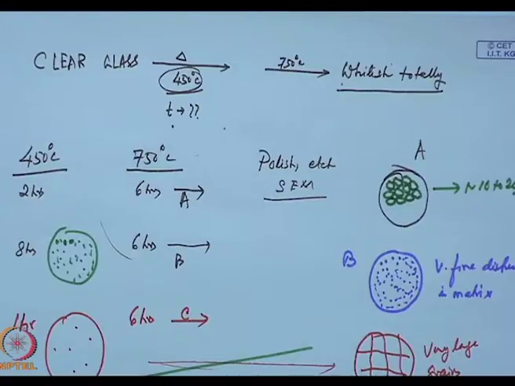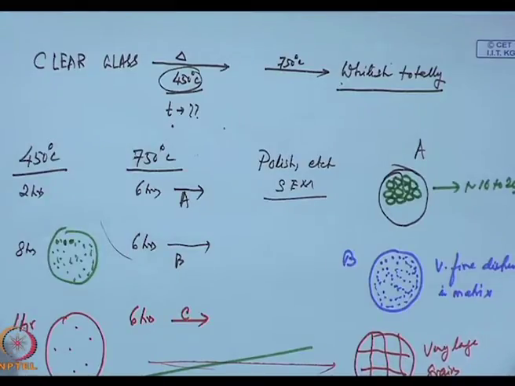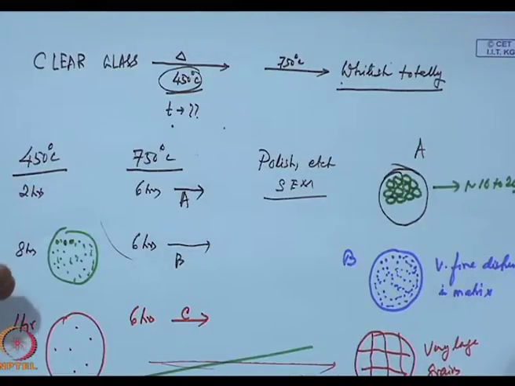I do not have the time and space to take up the individual phase diagrams, the individual three-phase diagrams, to illustrate how in such systems we can have a glass ceramic.